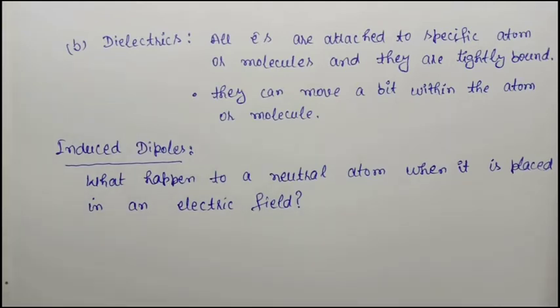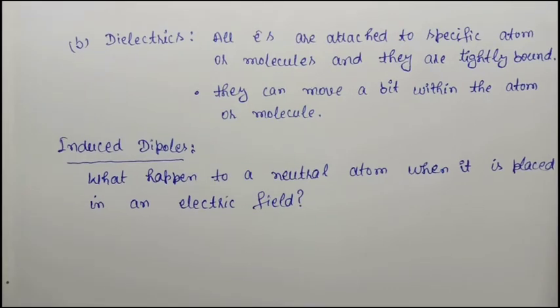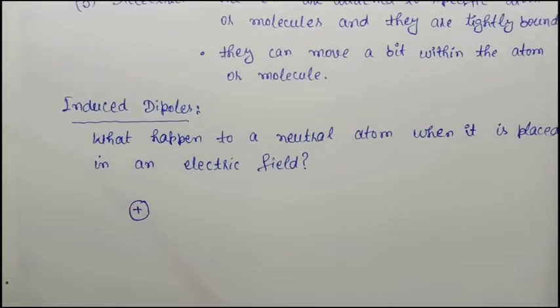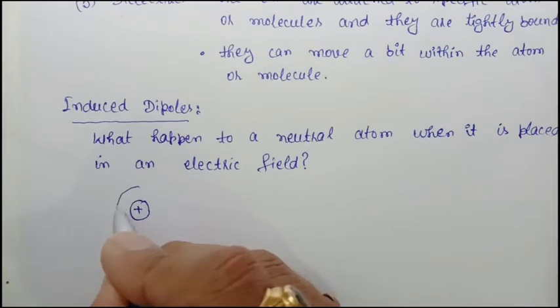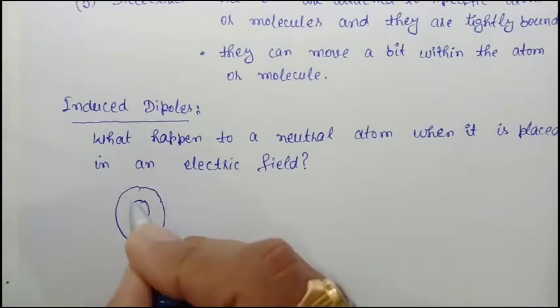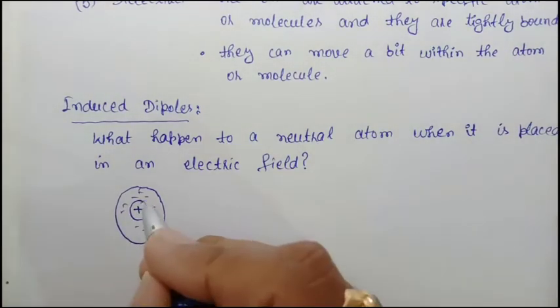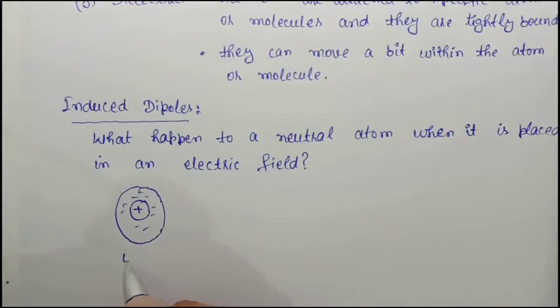Now here, suppose we have an atom. Suppose this is a nucleus and here we have electrons. So this is the case when electric field is equal to 0.